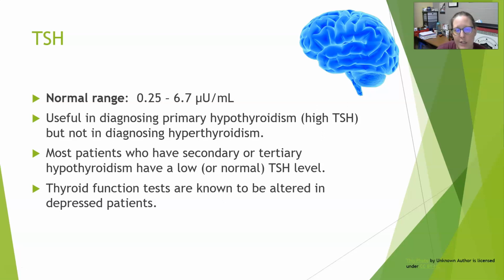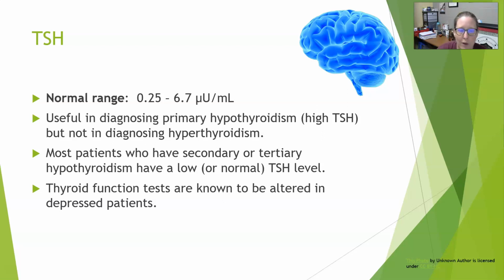TSH, the normal range is 0.25 to 6.7 micro international units per milliliter. It is useful in diagnosing primary hypothyroidism because you would see a high TSH and low thyroid hormone levels, but it is not as useful in diagnosing hyperthyroidism. In hyperthyroidism, you would tend to see low TSH levels with high T4 and high T3.